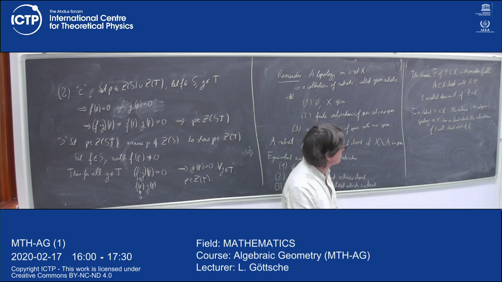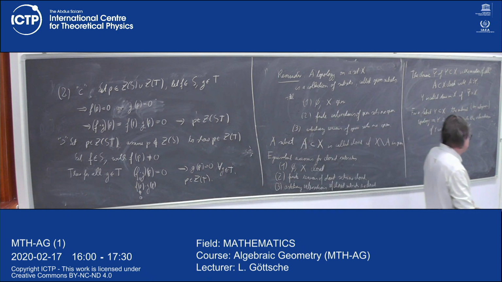A question: is the unit disk dense with this Zariski topology in R2? Yes, certainly, it will be dense. In fact, the integers will be dense.